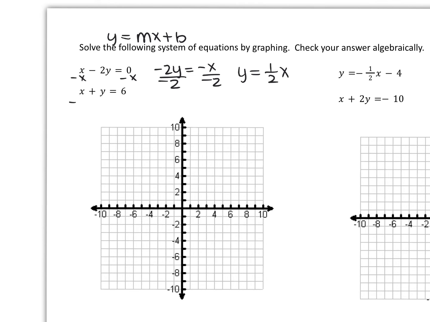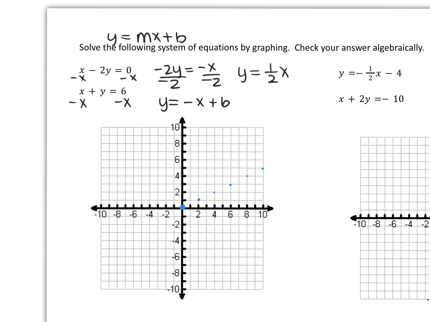I'm going to divide by negative 2, and it becomes y equals 1/2 x. My second equation, to get in that form, I just subtract x, and we get y equals negative x plus 6. So now I'm going to graph. So the y equals 1/2 x has a y-intercept of 0, so I'm going to start at 0. And then a slope of 1/2 means go up 1 over 2. So up 1, right 2.